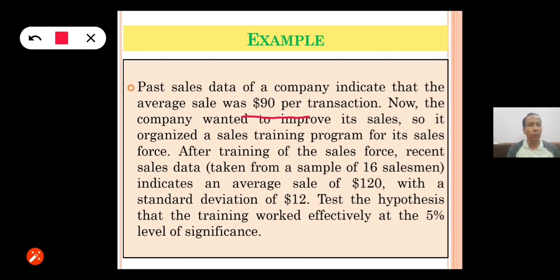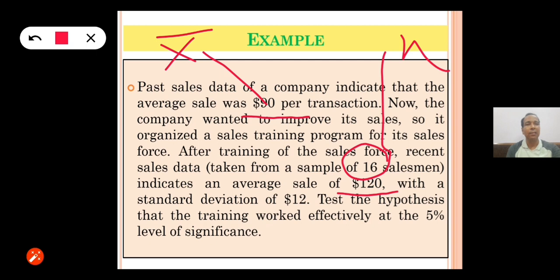Now the company wanted to improve its sales, so it organized a sales training program for its sales force. After the training program was executed, recent sales data was taken from a sample of 16 salespersons. This is the value of n. This is the value of x bar, indicating an average sales of 120.